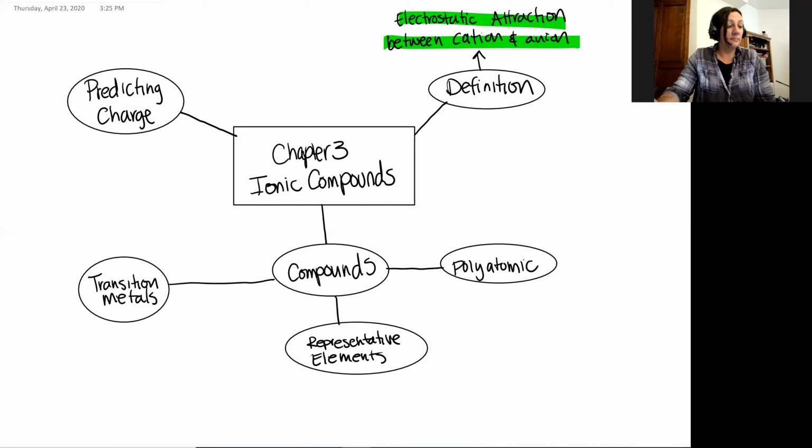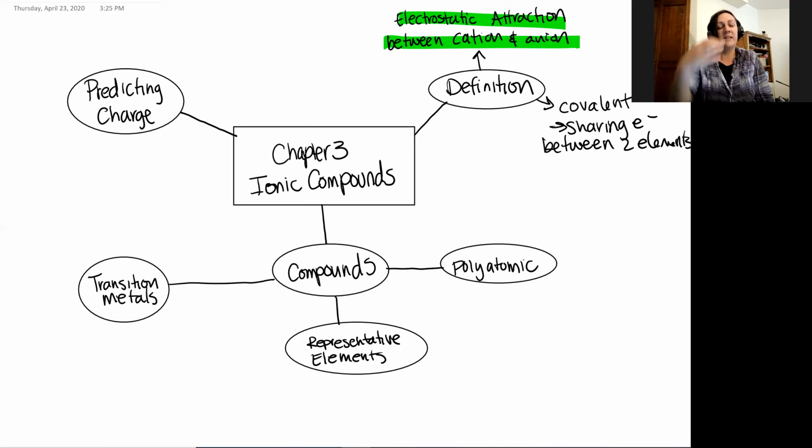So we've got our definition, and one thing that's important to also remember when we're defining this is that it will often be compared to covalent bonding and metallic bonding, which we won't cover in this class. But covalent bonding, by comparison, is going to be sharing electrons in a bond. And that'll be between two elements.